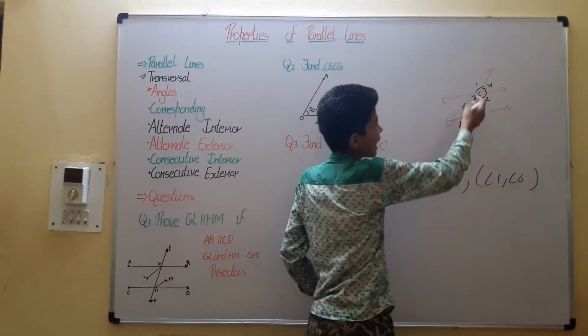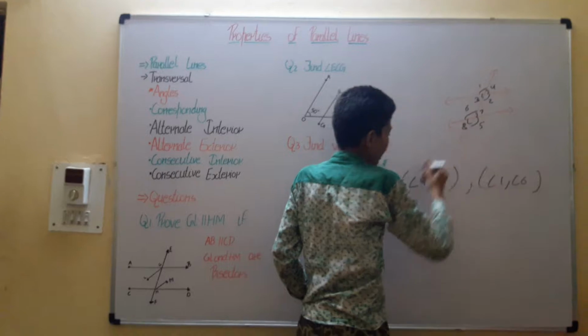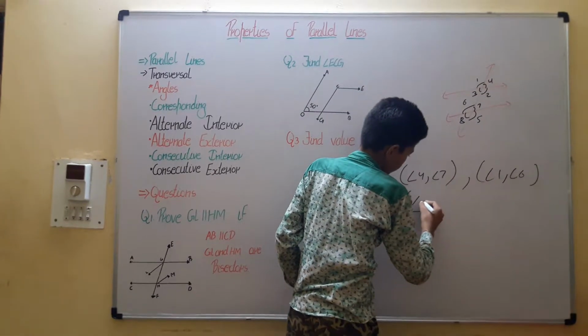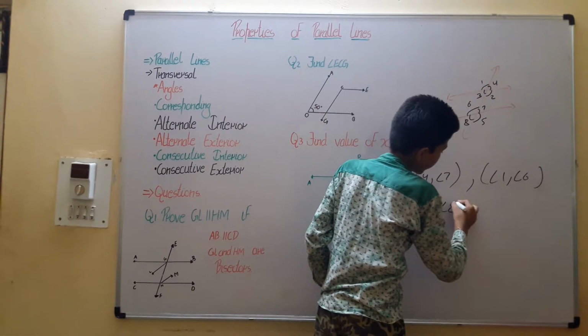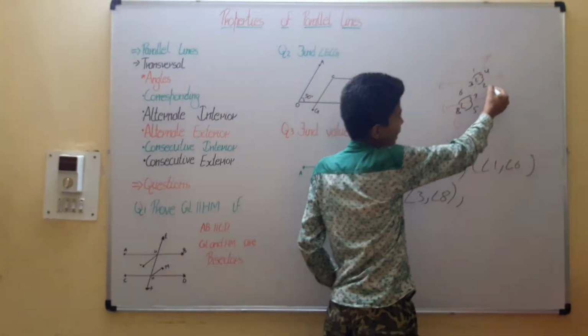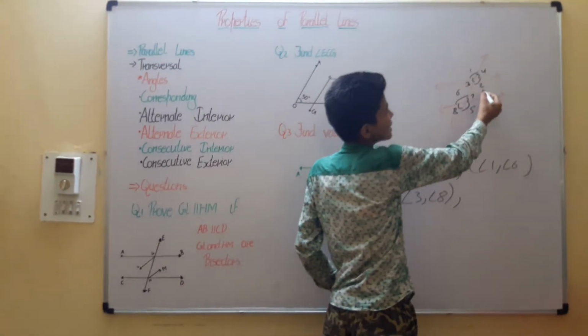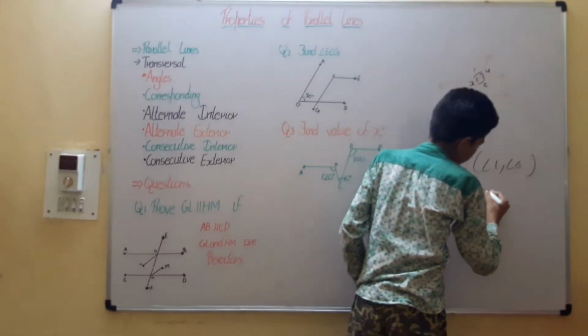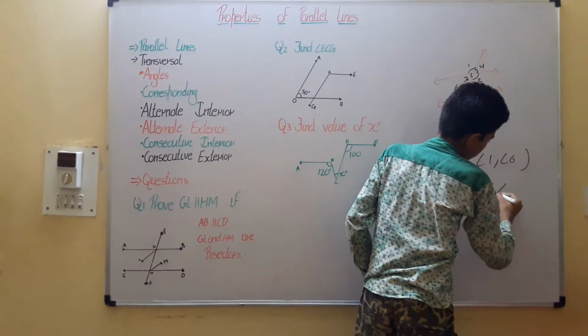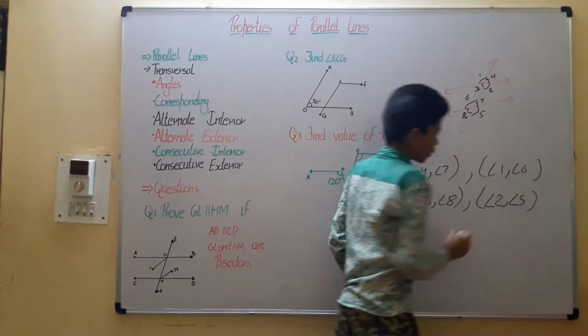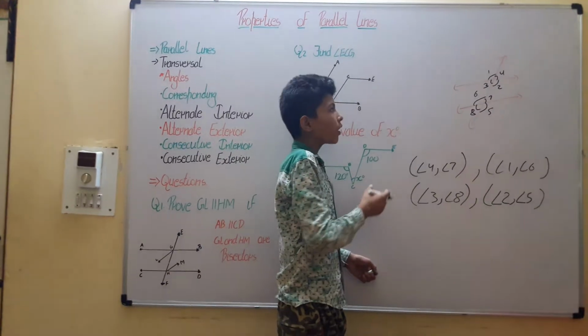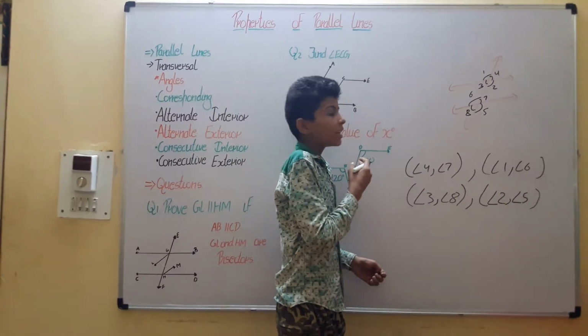The third set is angle 3 and angle 8. And the fourth set is angle 2 and angle 5. So there are 4 sets of corresponding angles.